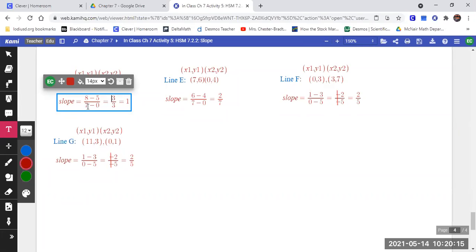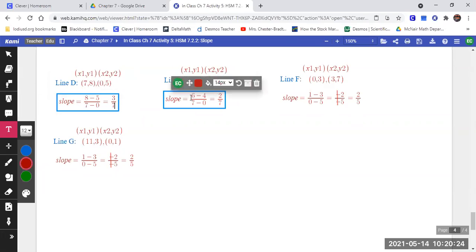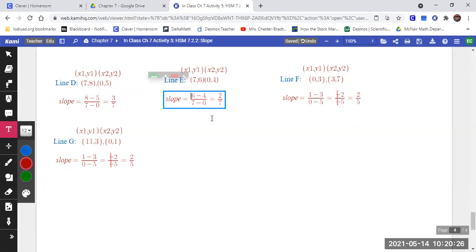Go do the math. What do we get? 3/7. Okay. Someone else other than Moses, please answer, because he's done enough. This is basic subtraction stuff. So what are we going to say?